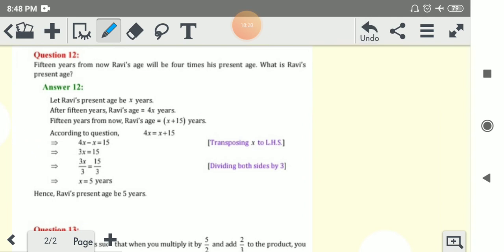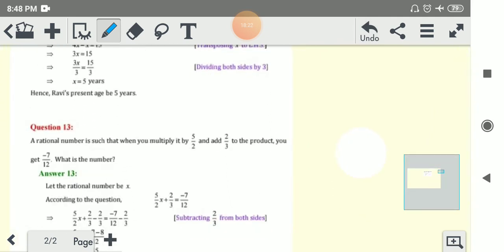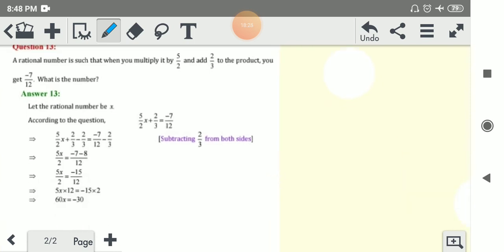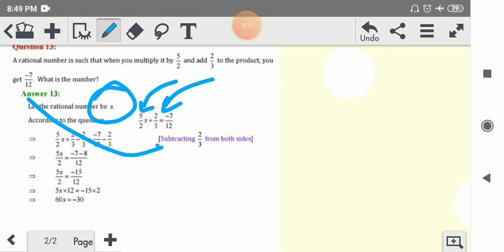Now question number 13 is a simple question. Here suppose the rational number is x. According to the question, multiply by 5 by 2 and after that add 2 by 3, we get minus 7 upon 12.